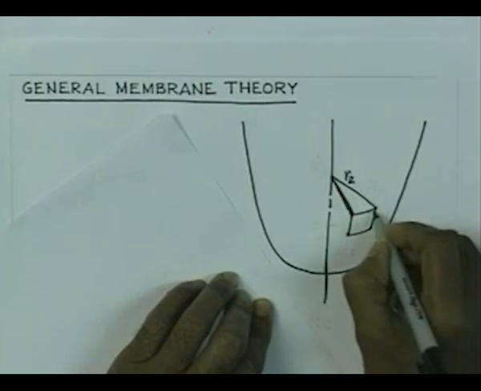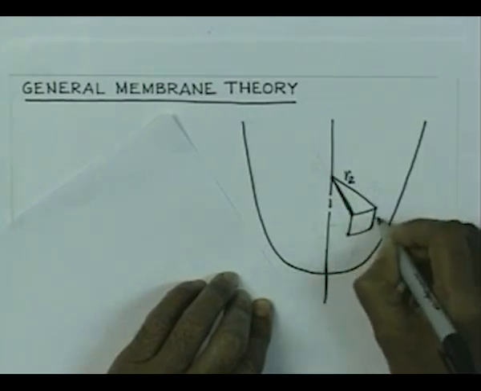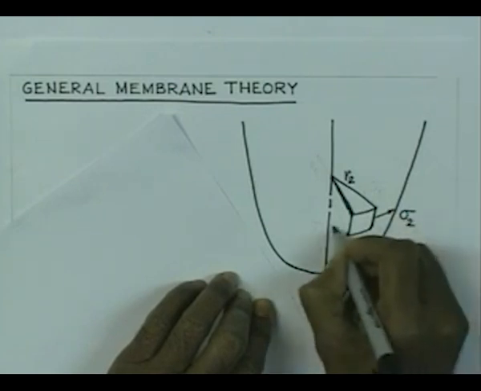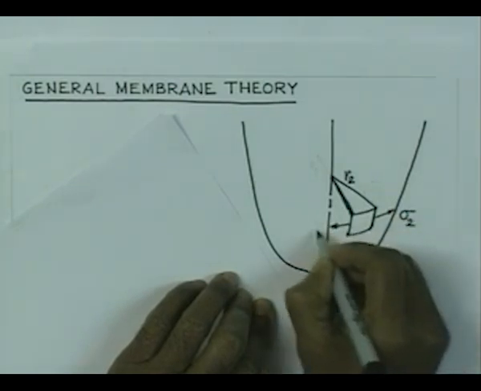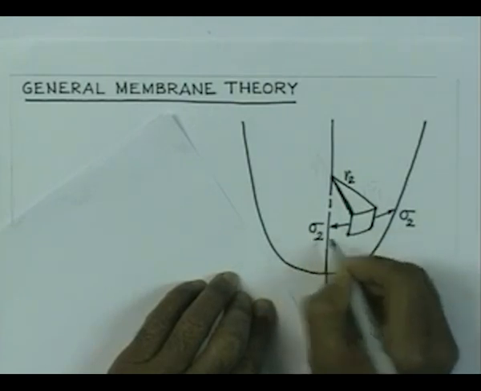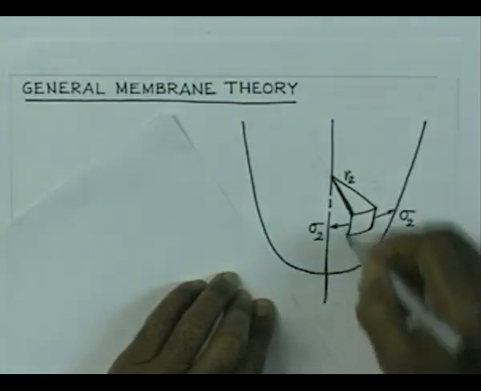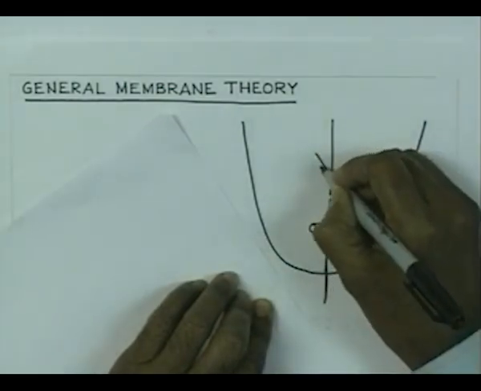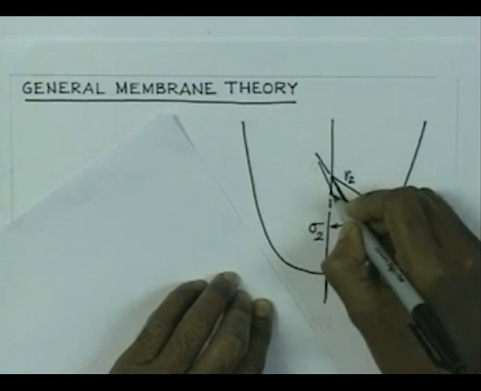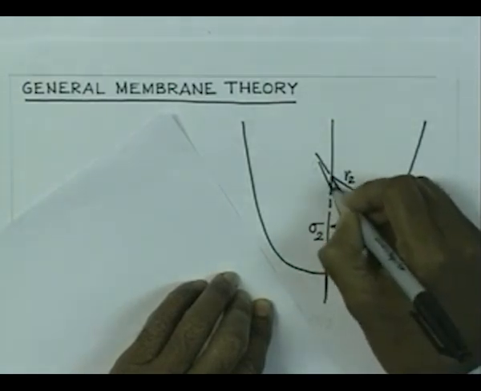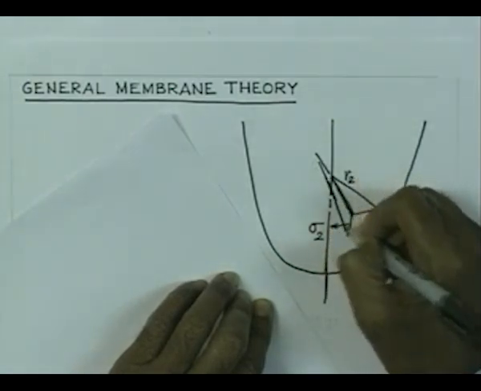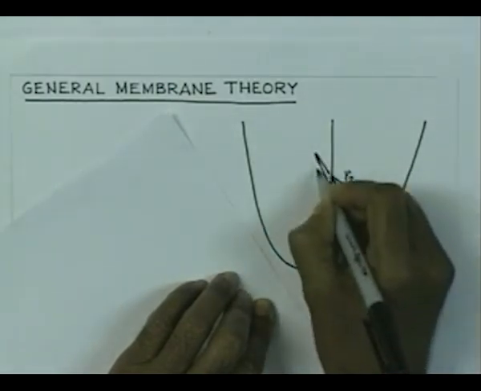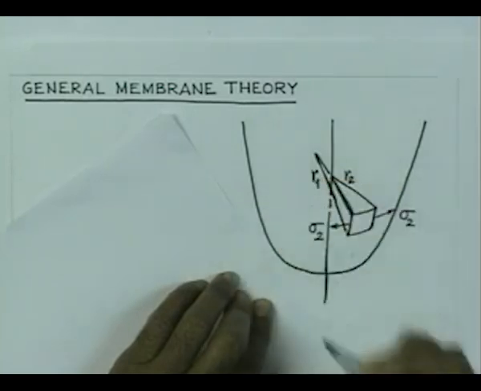So, therefore, the stress which is going to act on this face is nothing but hoop stress sigma 2, and similarly the stress which is going to act on this face is equal to sigma 2. Now, the curvature of this edge, let us consider this curvature, of this edge is equal to R1.